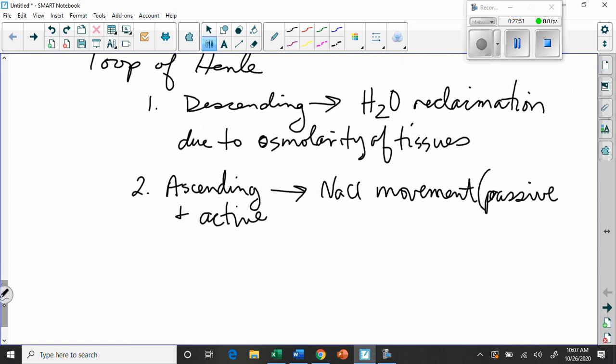Well, actually, why don't we put it like this? So both of these things are combining to reduce filtrate volume.